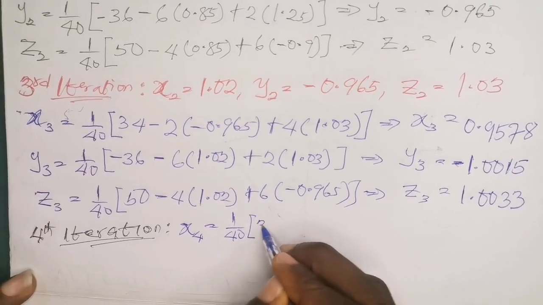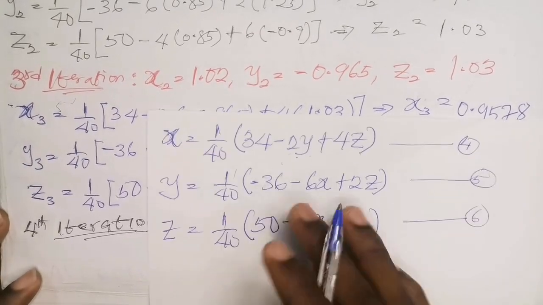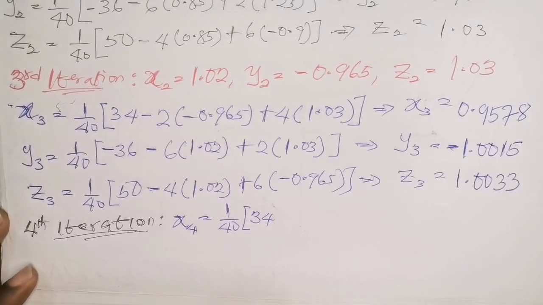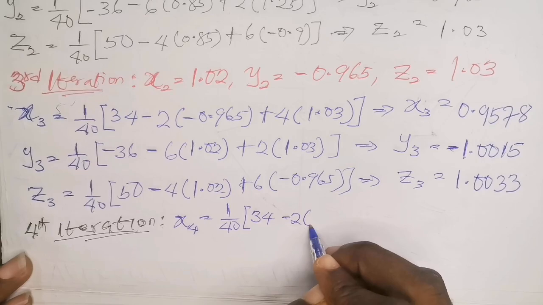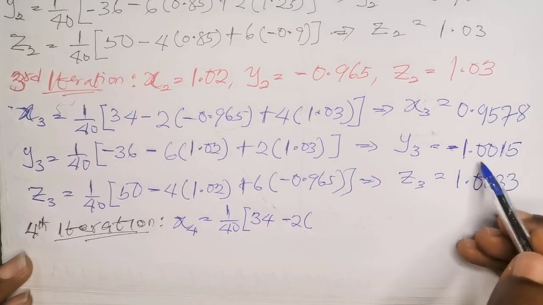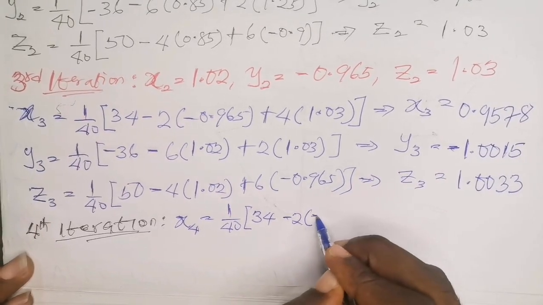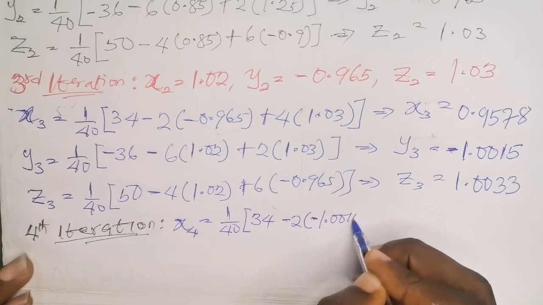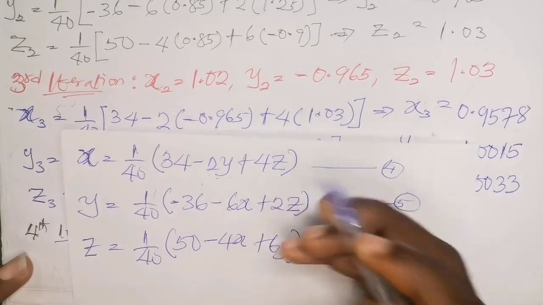So you have 1 divides 40 multiplying by, I have here 34. So multiply by 34, and I have here negative 2y minus 2 y itself becomes y3, and we obtain y3 to be equal to negative 1.0015. So you have minus 1.0015. Again, you have here plus 4z.